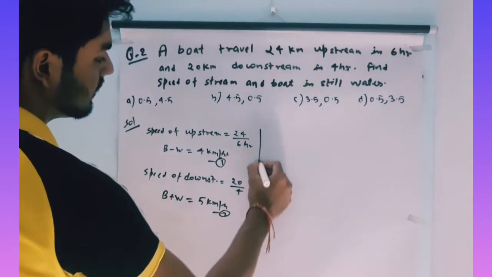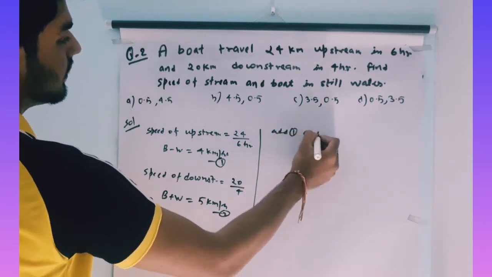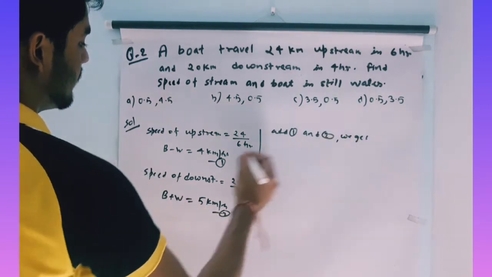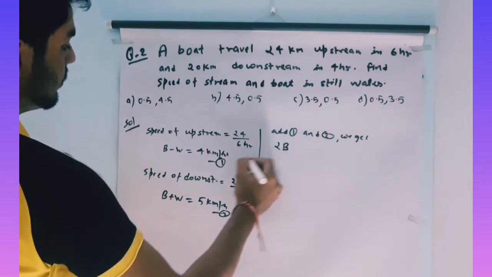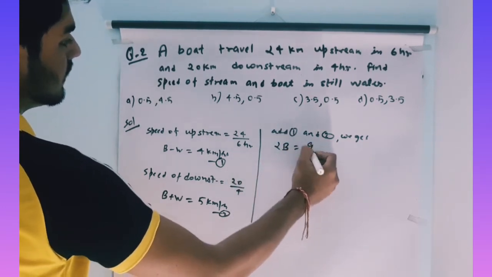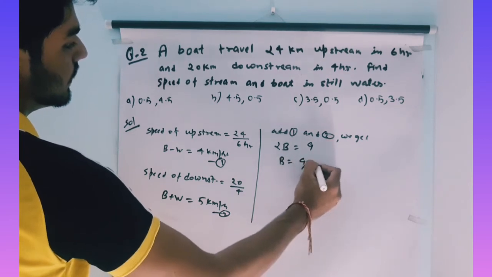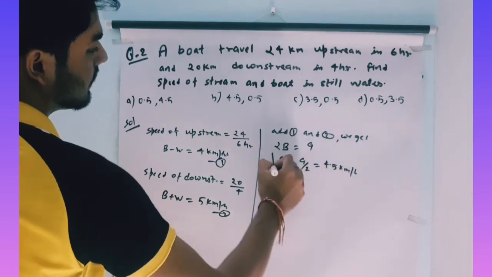Now add 1 and 2. We get 2b is equal to 9 and b equal to 9 by 2, which is equal to 4.5 km per hour.